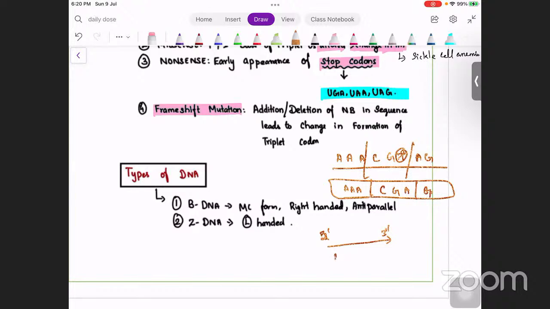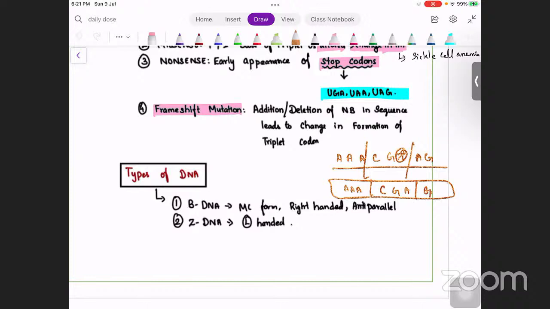For example, A, T, A, T. This is a palindromic sequence where, going in one direction, it is complementary to the other, and going in the other direction, it is also complementary. So a strand which contains complementary nitrogenous bases in both directions is called a palindromic sequence in the DNA. You have to remember that.